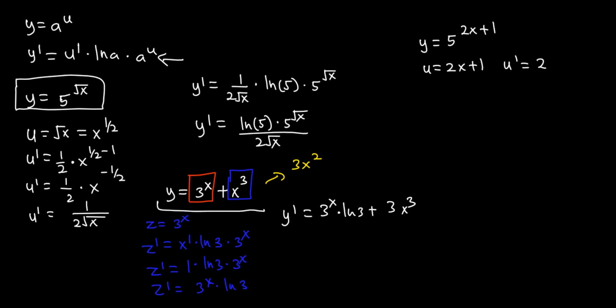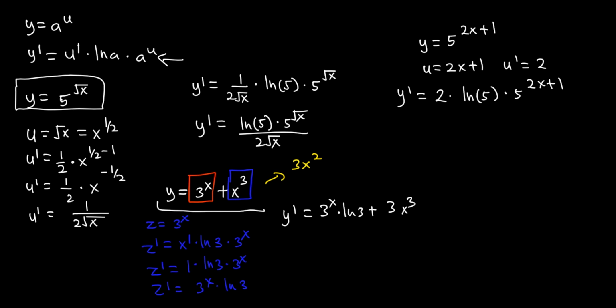Now let's substitute it into the general formula. We're going to have y prime equal to u prime, which is 2, times ln of a, and a in this case is 5, times a to the power u, so that will be times 5 to the power 2x plus 1.